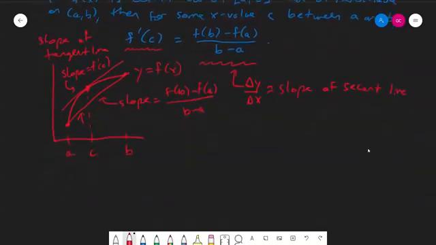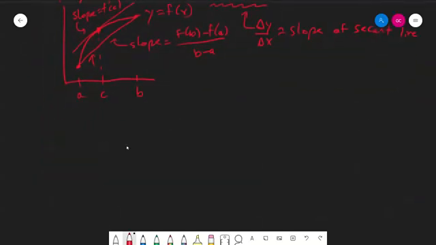Now, how do we prove this? I'm going to show this to you because it's really a nice proof. It just uses Rolle's theorem. So what I want to do is say, I have this graph y equals f of x that I had before, and I'm going to write an equation for the secant line. So let's let g of x be that secant line.